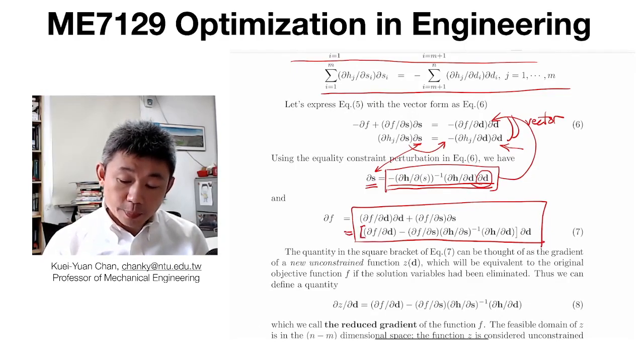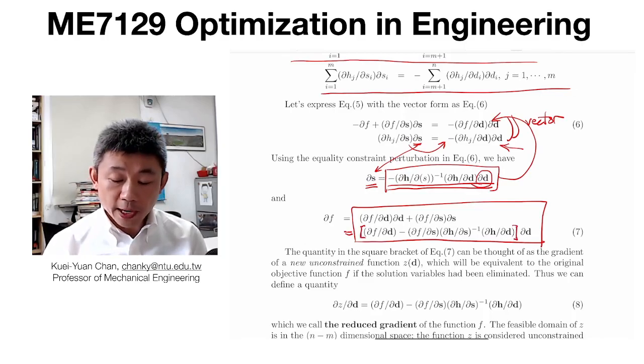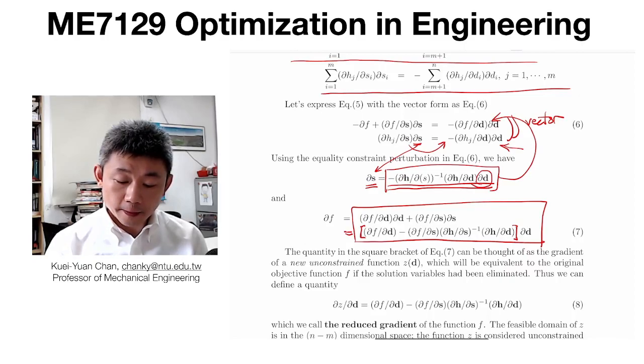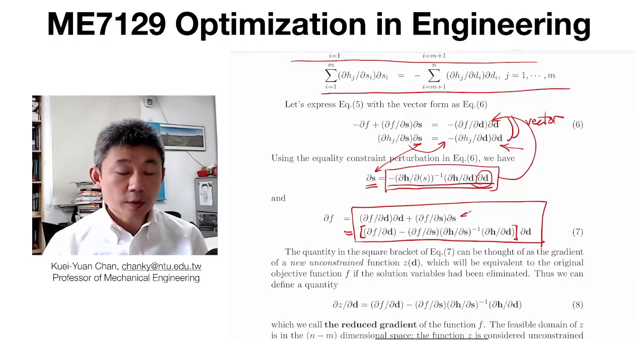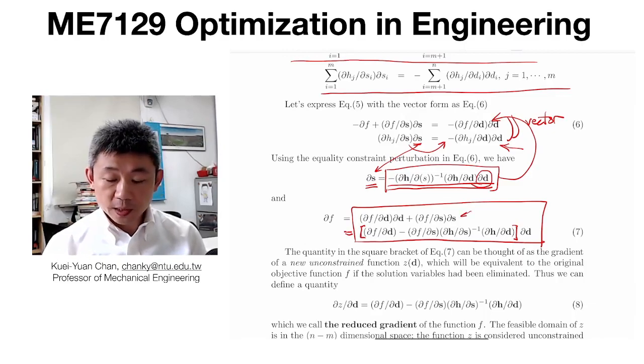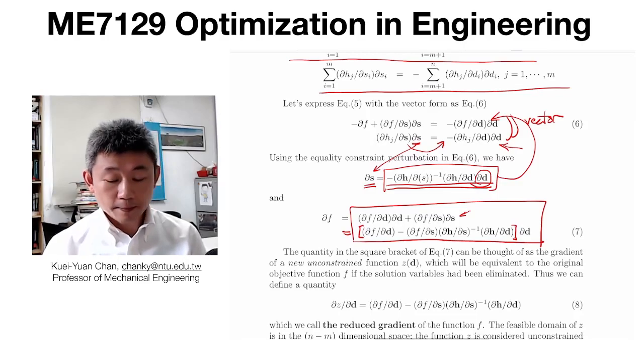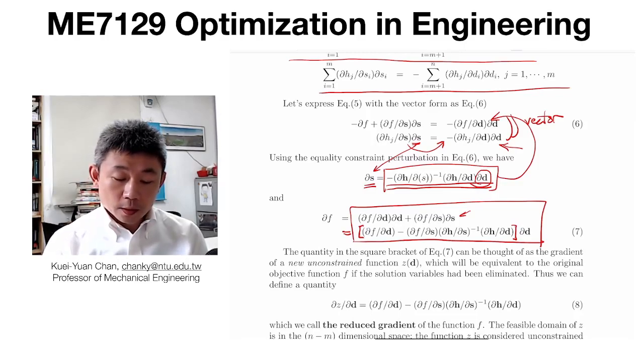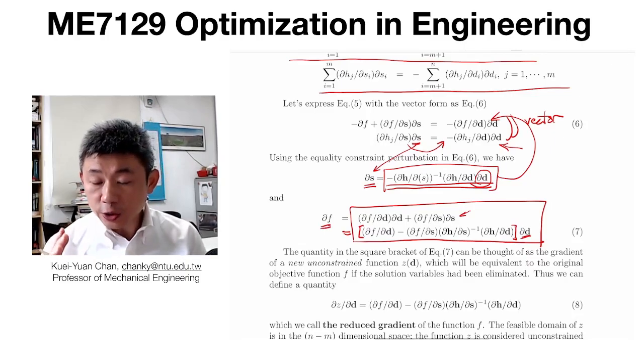This square bracket is a rearrangement; we rearrange the above into this one. This is the perturbation of F. This is the perturbation of your decision. Remember, perturbation of your decision.